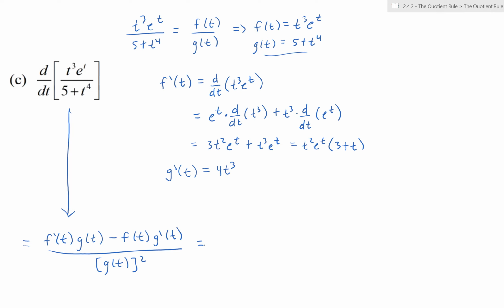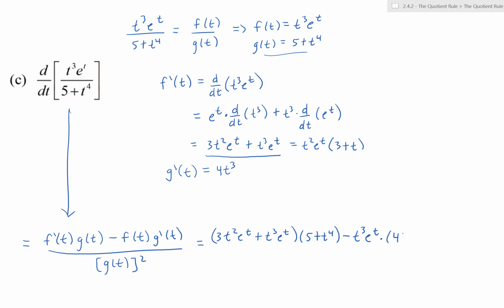All right, f prime, I'm actually going to use this form of f prime because we might have to collect like terms and multiply things out. So that's going to be a 3t squared e to the t plus a t cubed e to the t. That's f prime times g. G is a 5 plus a t to the fourth. And then minus f of t, t cubed e to the t, times g prime.